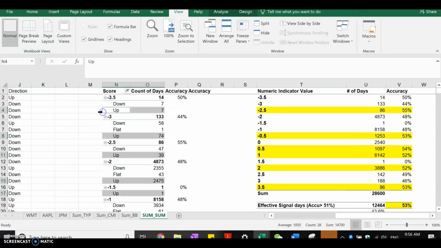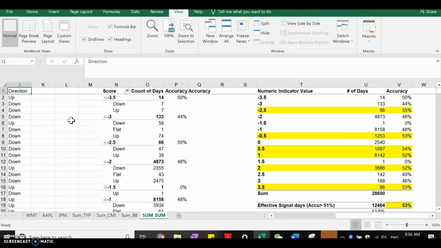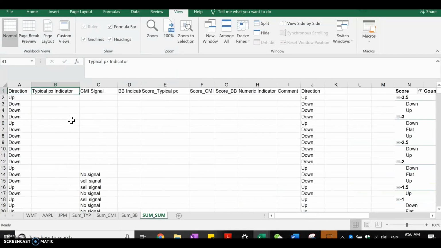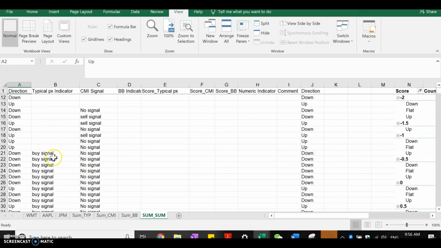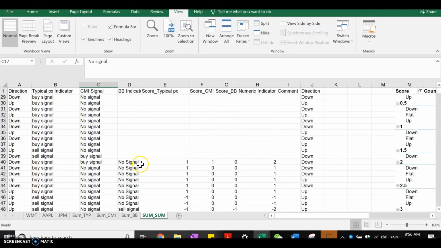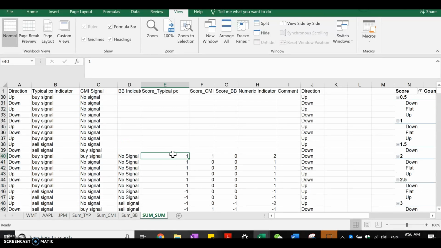So what I came up with, I'm gonna introduce my model now. My model is a combination of the three technical indicators. I documented all the results here: the value from each indicator, and then I'm going to assign a numerical value to it.